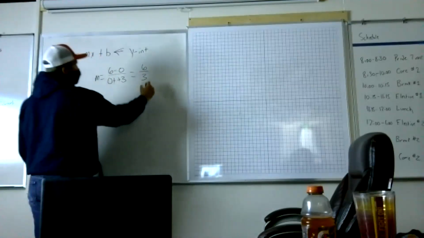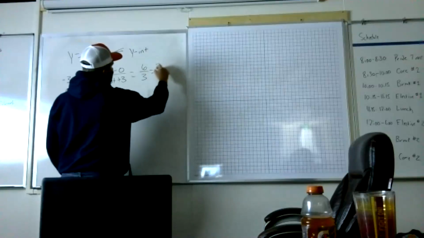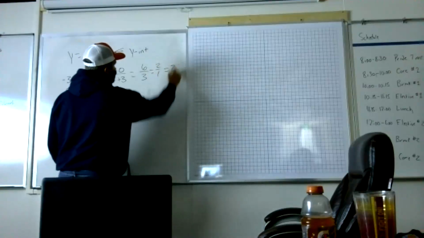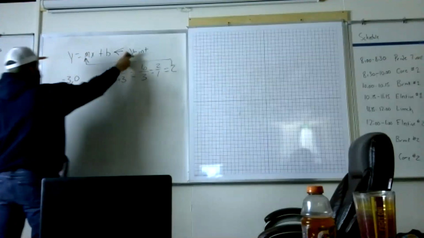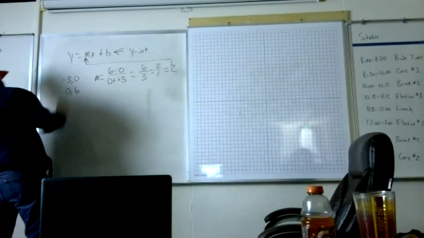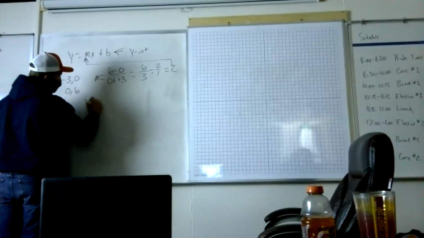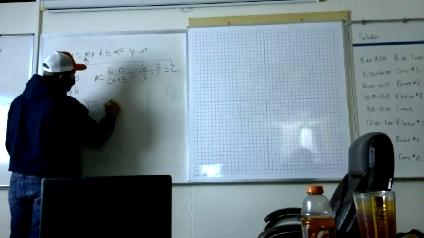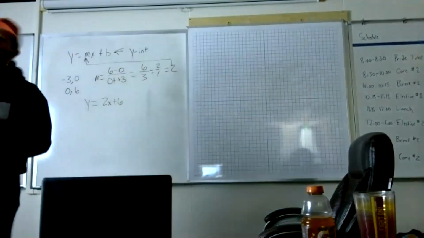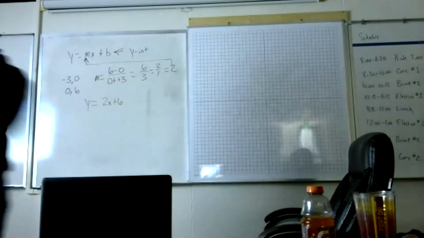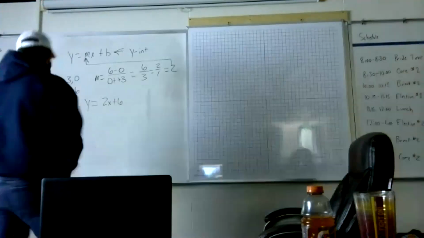So that's 6/3. Simplifies down to 2 over 1 or 2. We would plug that in for our slope. And since they gave us the y-intercept of 6, we know our equation has to be y equals 2x plus 6. Which would correspond to answer D.